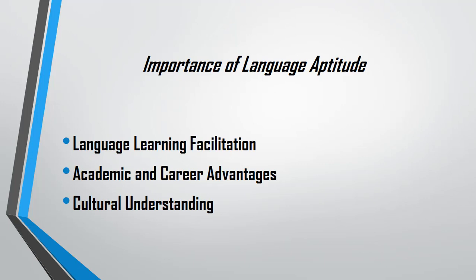Moving on to the cultural understanding. When we talk about cultural understanding, we talk about intercultural competence. If you have a good language aptitude, you will be aware of different cultures, and you will be competent in different languages.